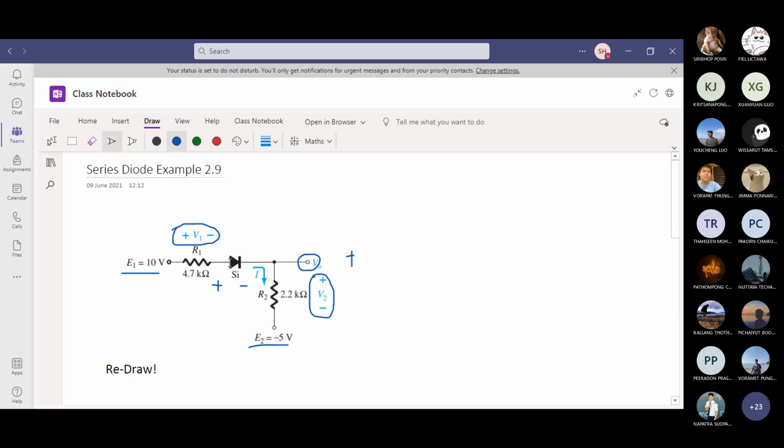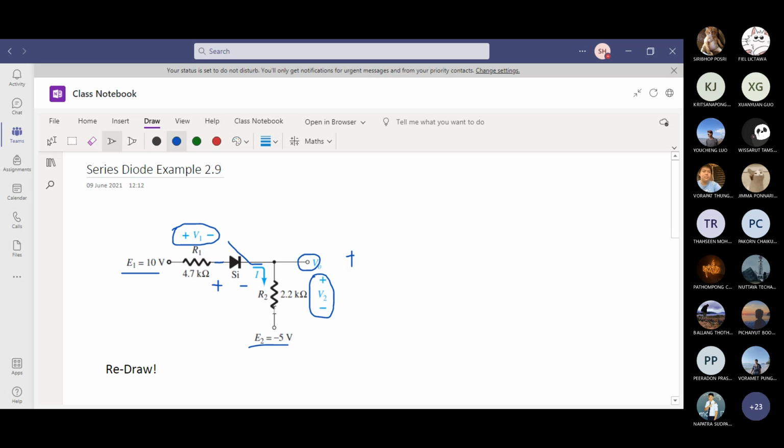Or it might be the case that the anode side becomes net negative and the cathode side becomes net positive. What happens? If the anode side is net negative and this is net positive, the diode does not turn on. The loop is not complete, there is no current flowing. So everything will be zero except this voltage, V1.